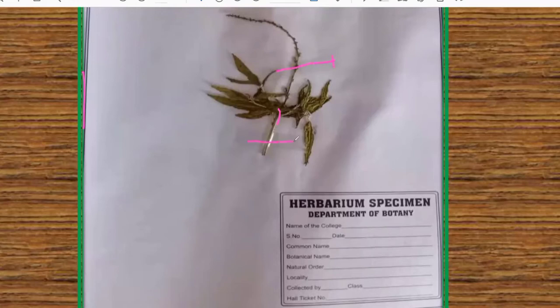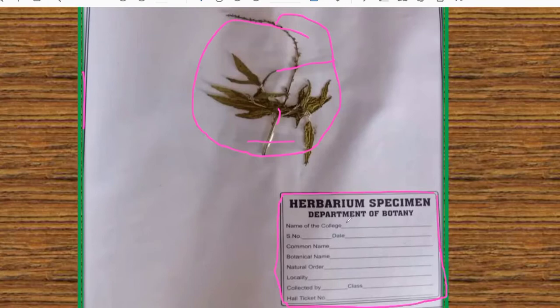This is the plaster, and this is the twig. So like this, we have to keep the dried plant part, the branch or twig which has flowers and buds. And on the left side, the details regarding this plant, the herbarium specimen, we have to write in total.